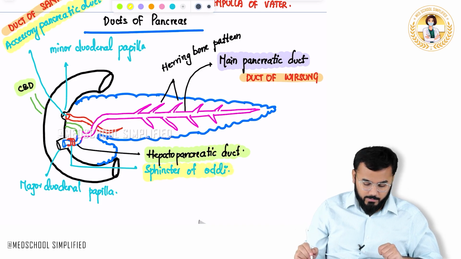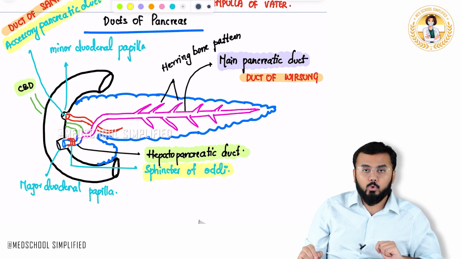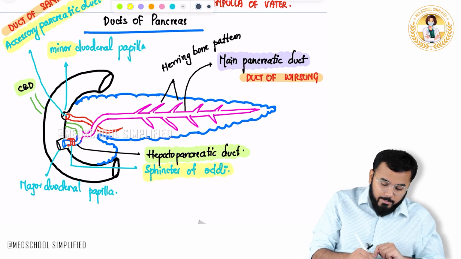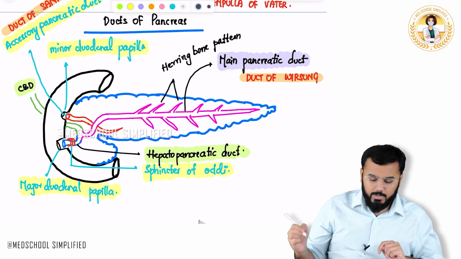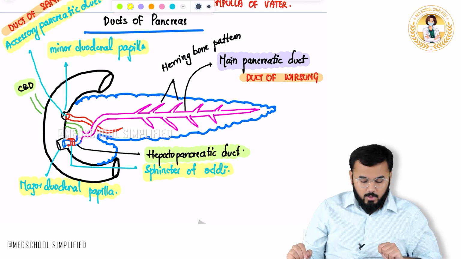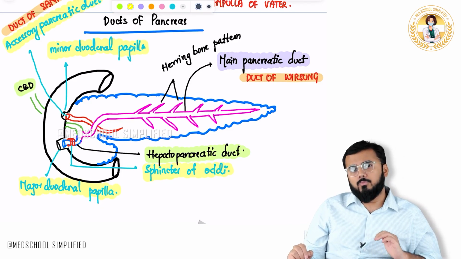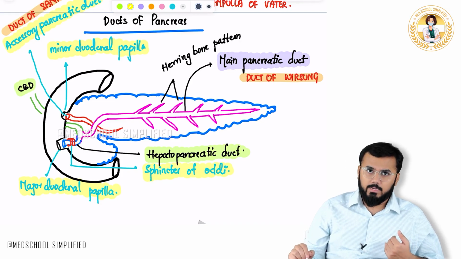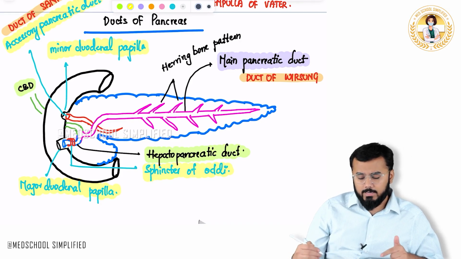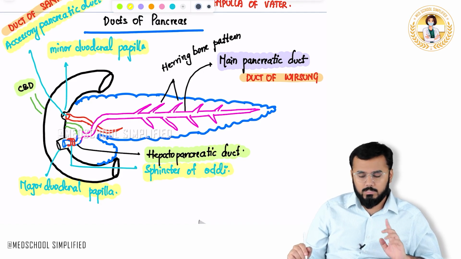And obviously there are two papillae over here. One you call the minor duodenal papilla, and the other one you call the major duodenal papilla. Now I will tell you why the top one is not called major and why the lower one is not called minor. I will tell you when I discuss the embryology part, and you will understand it clearly.